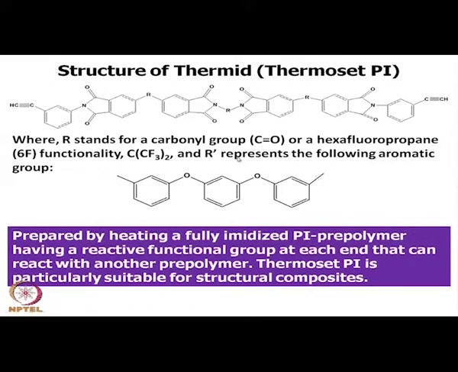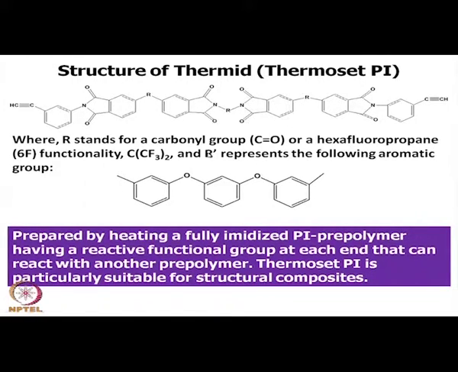So, R can be CO, hexafluoropropane or C(CF3)2, and R prime should be either of these. It is a mistake over here. So, this R prime should be an aromatic linkage, aromatic groups like this.